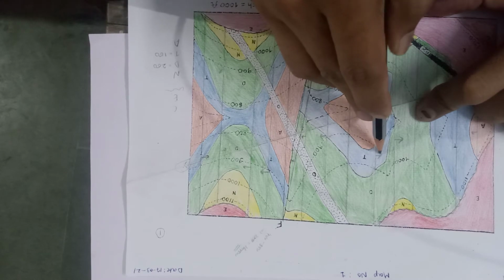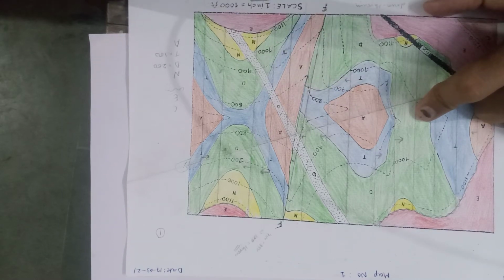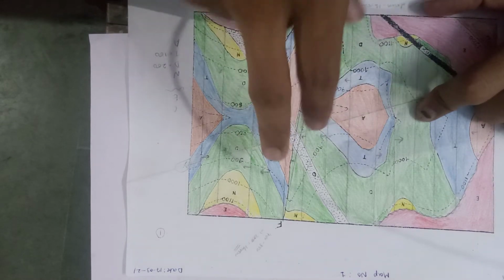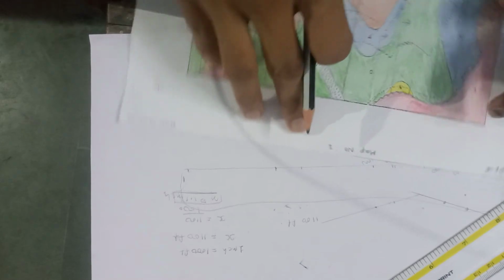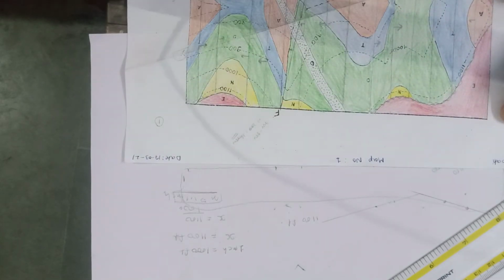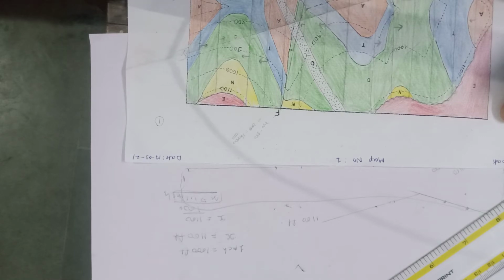So in this case we have to take the help of the profile line, the outer line, and with the help of only one strike line and the contact line, we can draw a limb.